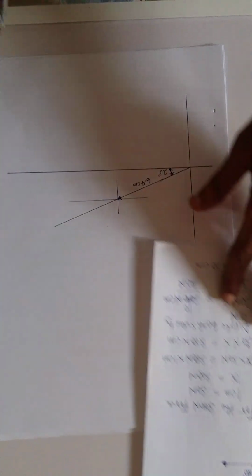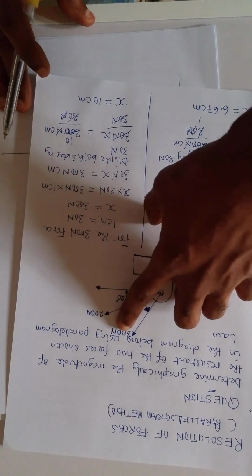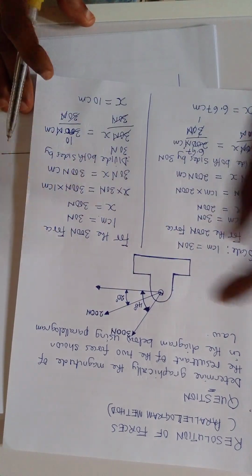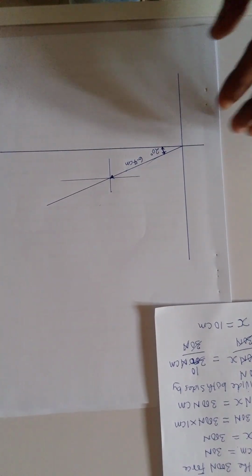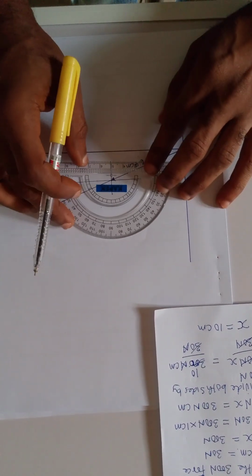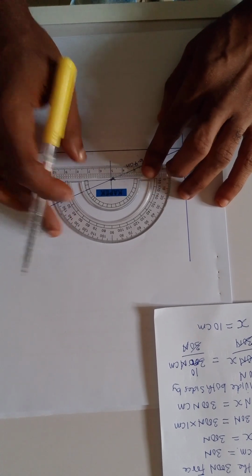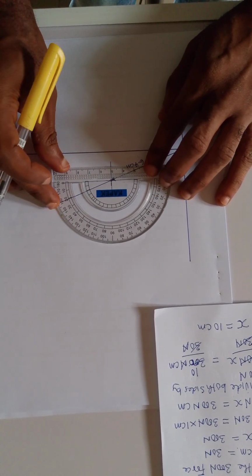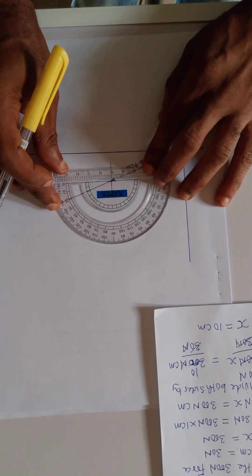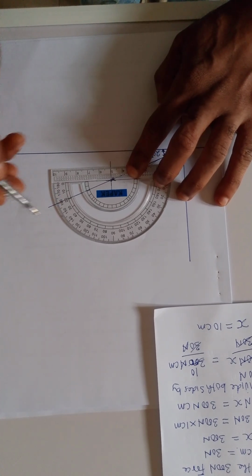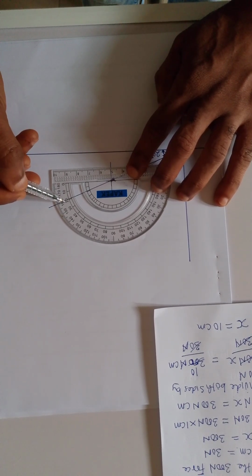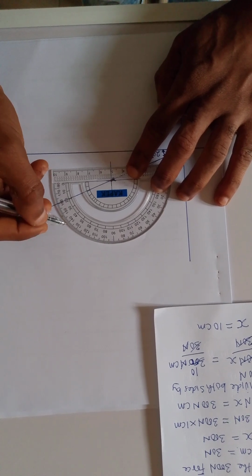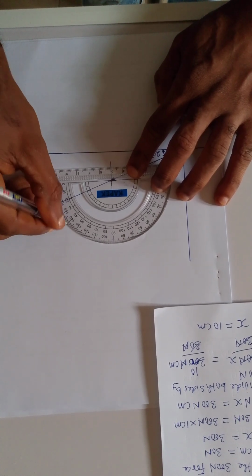Since the 300 Newton force is inclined at 40 degrees to the horizontal, we pick a protractor, place it at the point where we stopped, and count 40 to the horizontal. This is 10, 20, 30, 40.